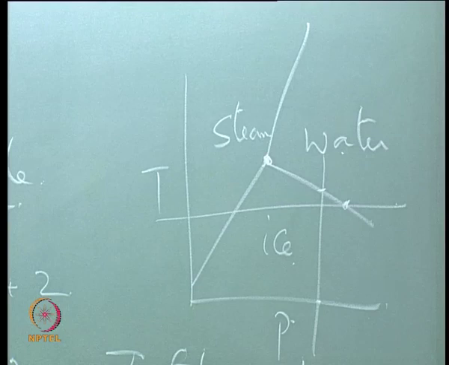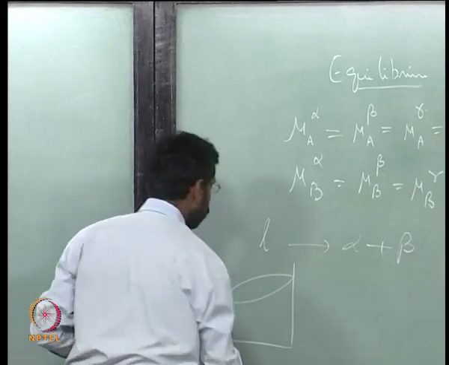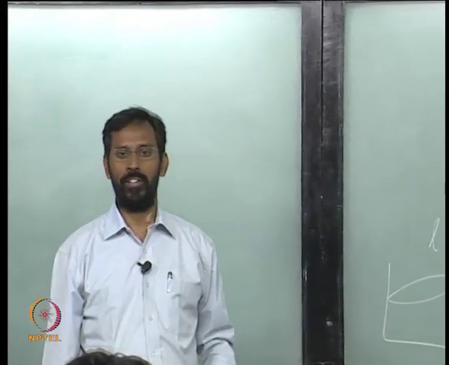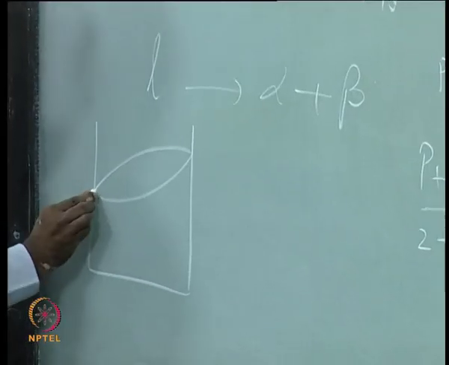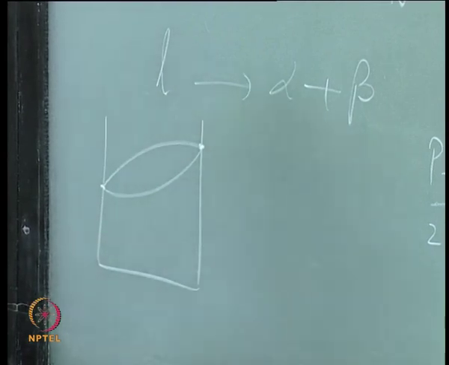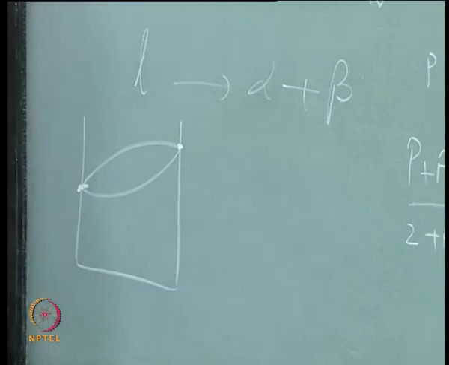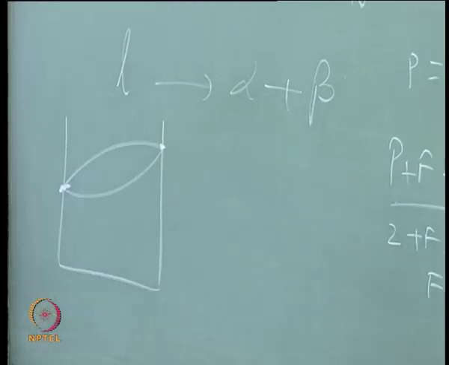For example, if I draw a phase diagram, what is this phase diagram? Isomorphous. So in this isomorphous phase diagram, what are these two points? Melting points of A and B. If I look at the melting points of A and B and apply my phase rule there, what is happening at this point?